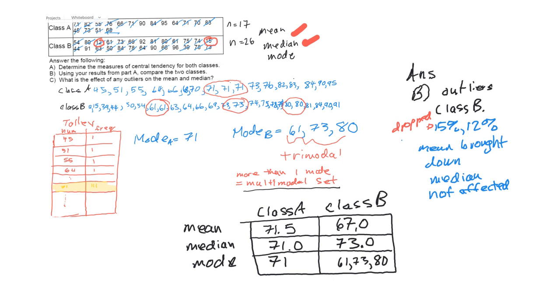I told you before that outliers tend to have an effect on the mean a lot, especially if the numbers differ so far from the actual average, from the original average. Now, for C, we've just answered it. The mean is affected more by the outlier than the median.